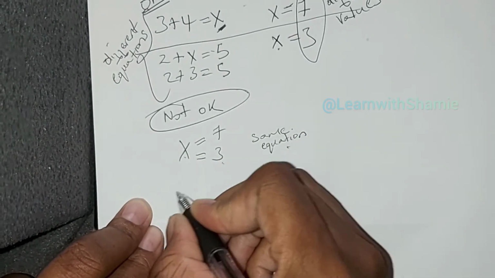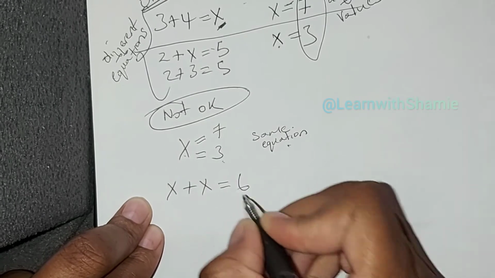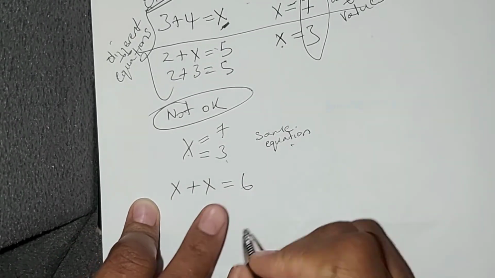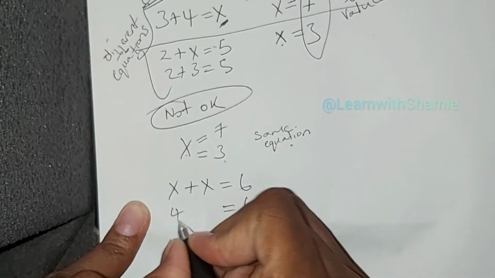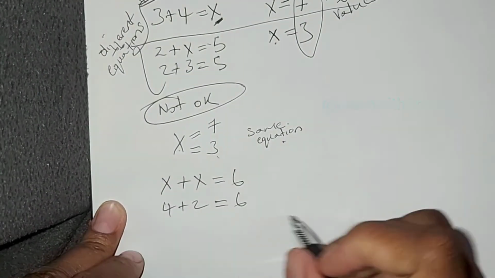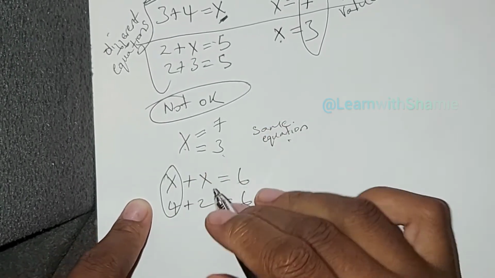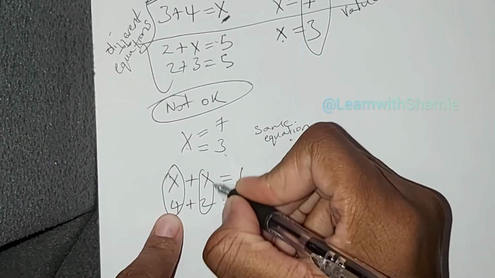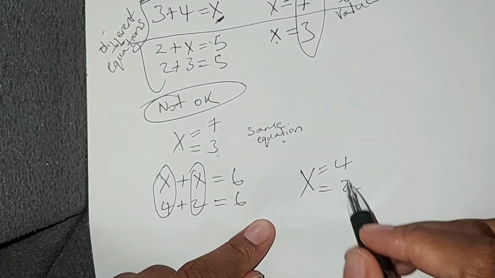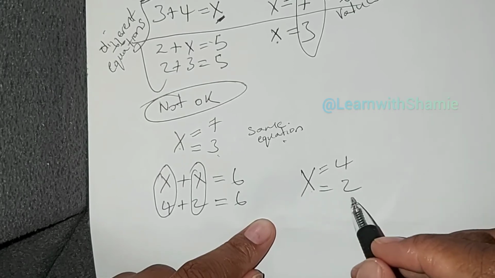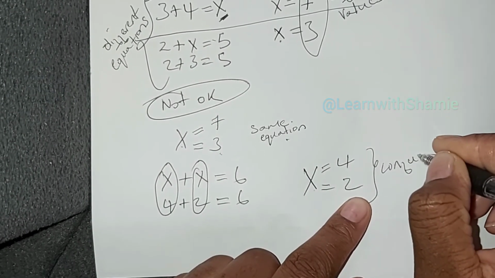If we have x plus x is equal to 6, there's a lot of numbers that we can add together to get 6, like 4 plus 2. But if we have the first x standing for 4 and the second x standing for 2, we would have x standing for two different values in the same equation, and that would be confusing.